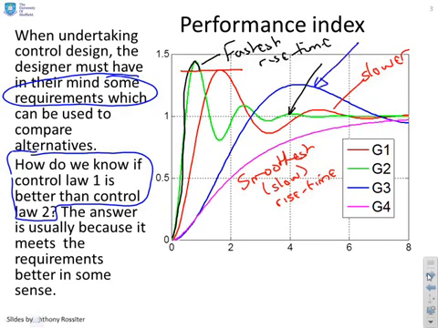Well, the blue one's got an even smaller overshoot than the green and the red, but it's much slower again. So is that better than the red and better than the green? Well, you decide. But of course the interesting thing is the blue one is also slower than G4. But you could argue it's better than G4 because its rise time is much faster.